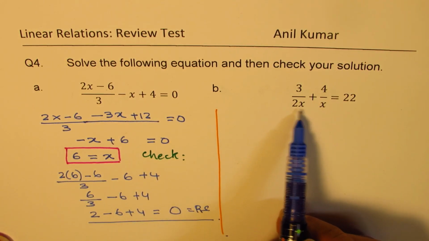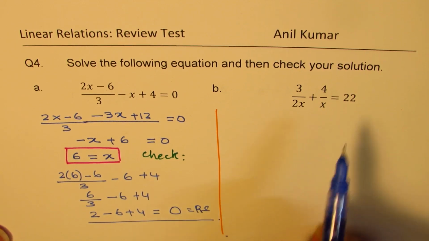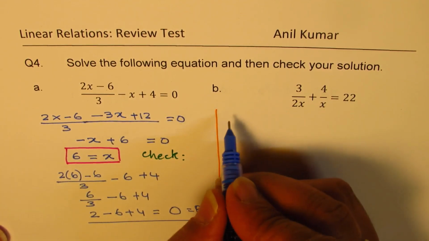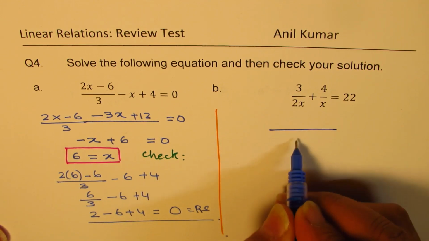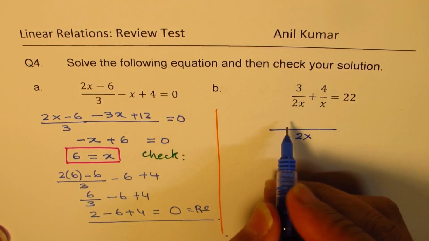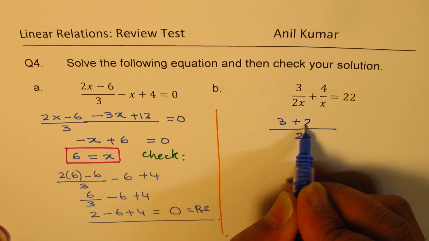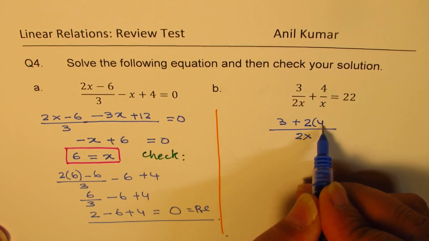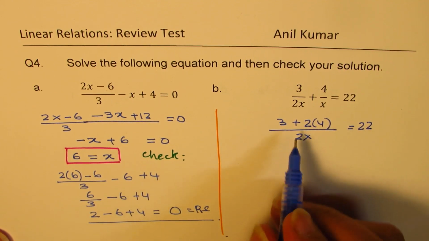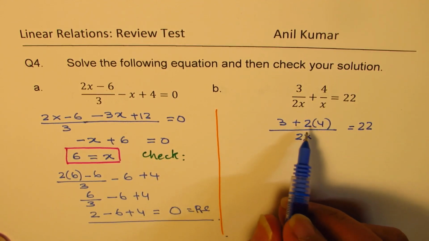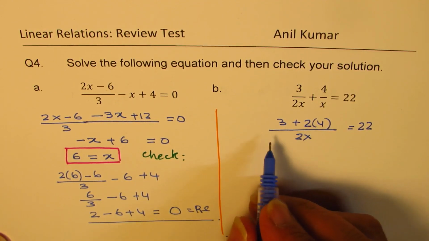Here, 2x and x are in the denominator. So let's take the common denominator. We could write the left side as 2x with common denominator. We have 3 plus 2x times 4 in the numerator equals 22. Now we'll cross multiply. And here we have 3 plus 8, which is 11, right?